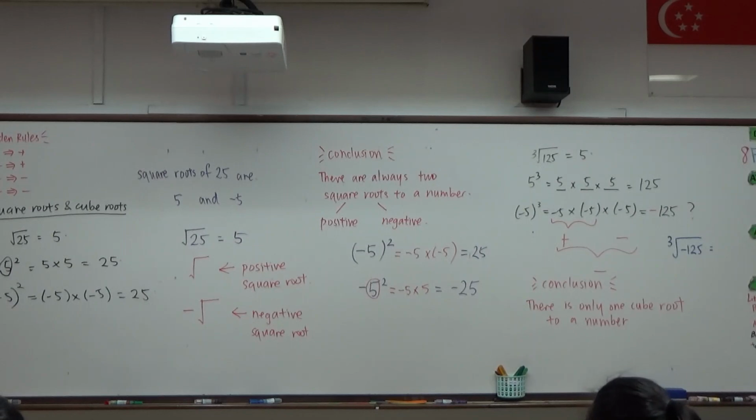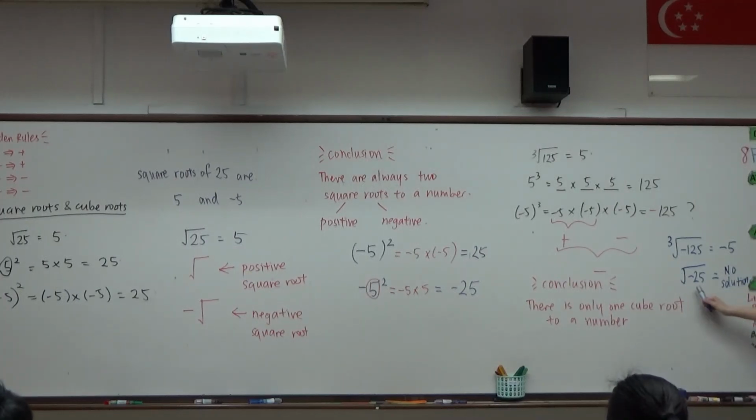You press your calculator, you will get negative 5. But square root of negative 25, it doesn't get you anything. I invite you to press your calculator. You will get a math error. No answer. Why?